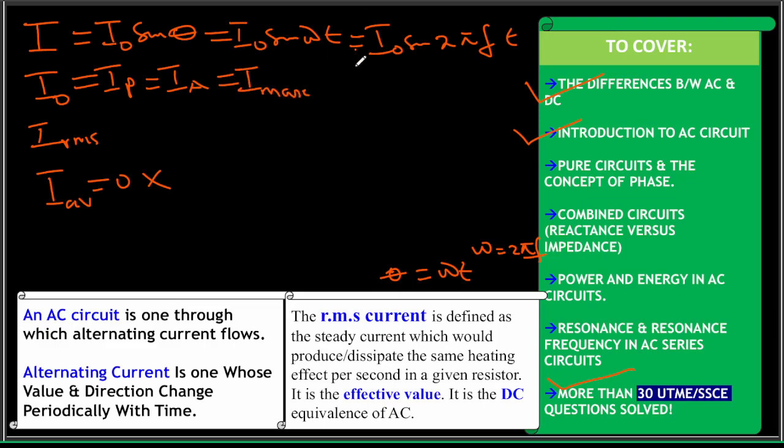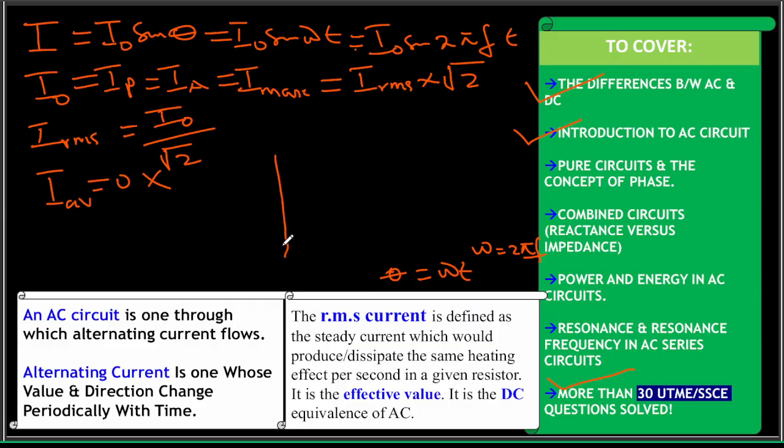And the relationship between the peak and the RMS value is: peak equals the RMS value times root 2. You can also write it like this. Don't worry, I'm going to explain these two using the graph. Then RMS value is also peak over root 2. You can write it like this.